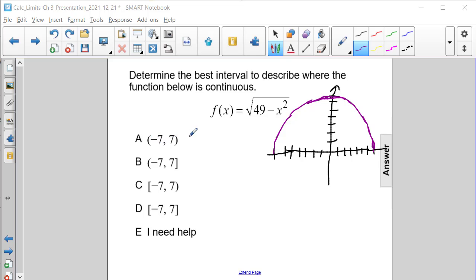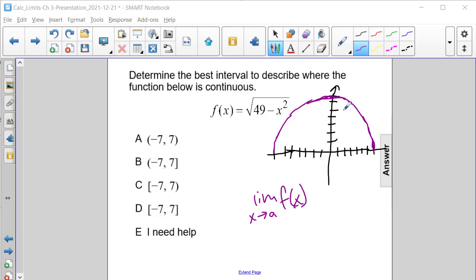The next question is, does the limit of f of x as x approaches a exist for all a values on the interval from -7 to 7? It actually does.